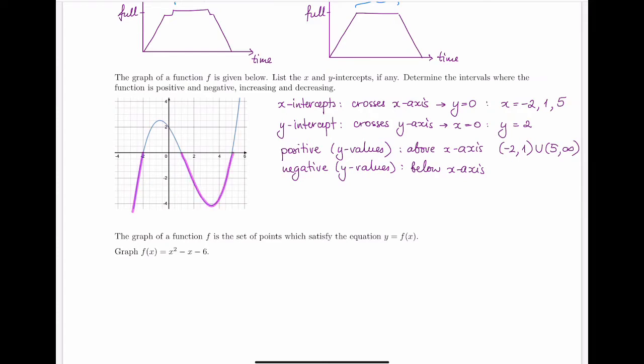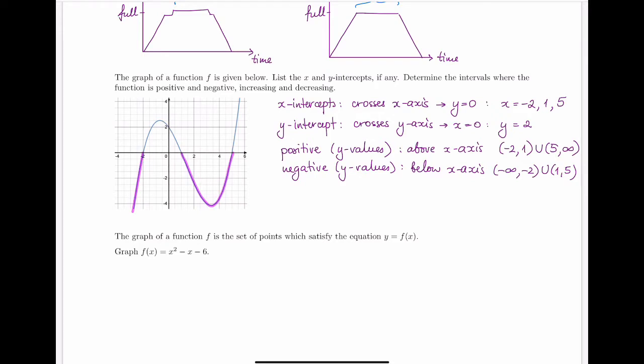In interval notation, it's from -infinity up until -2, and then between these 2 points, so between 1 and 5. So these will be our 2 regions, from -infinity to -2, union from 1 to 5.